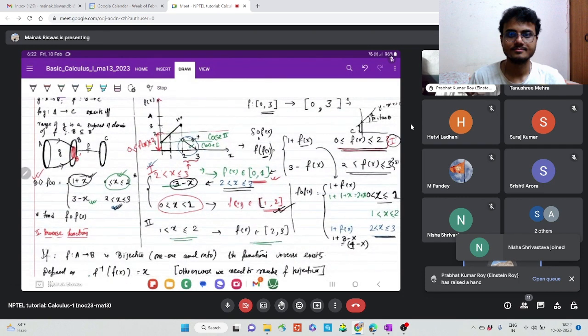You can see from this, f of x is between 2 and 3 when x is between 1 and 2. So this function is 1 plus x. So you will get 3 minus f of x. So this becomes 3 minus (1 plus x). So this is 2 minus x between 1 and 2.